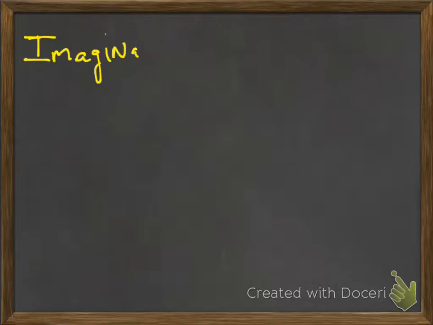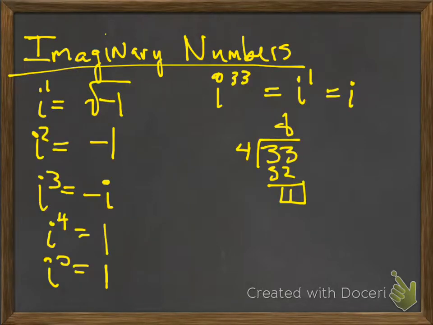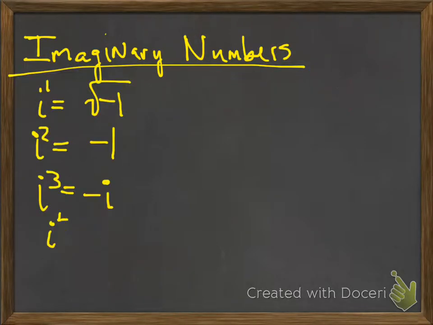Alright, imaginary numbers. Remember, i is just the square root of negative 1. i squared is negative 1, i cubed is negative i, and i to the 4th power, or i to the 0 power, is 1. So it goes in a recycling formation like that.